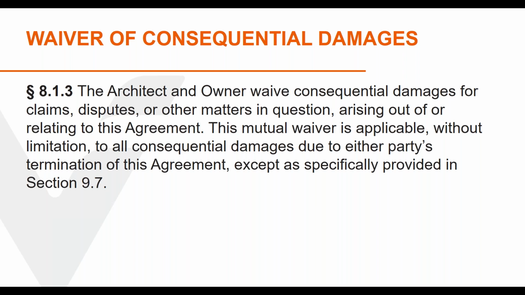But while owners and contractors can both experience significant consequential damages, and therefore a mutual waiver made business sense, design firms rarely have a situation where they can claim consequential damages against the client, while clients face situations where they have significant consequential damages because of delays that might be caused by the design firm. So this simple language is very protective of the design firm and really is a one-way protection.